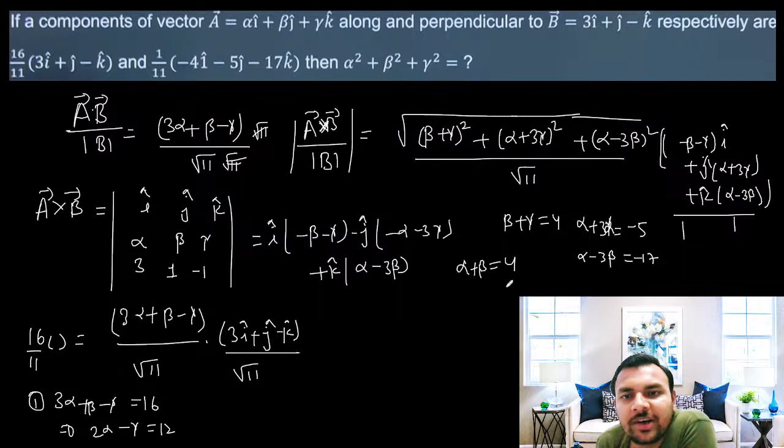If we subtract, we'll get alpha equal to gamma. If alpha equal to gamma, then alpha equal to 12, beta equal to 12, and gamma equal to alpha equal to 12, gamma equal to 12, and beta is what? Minus 8.